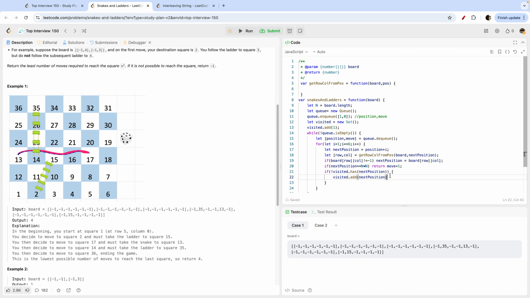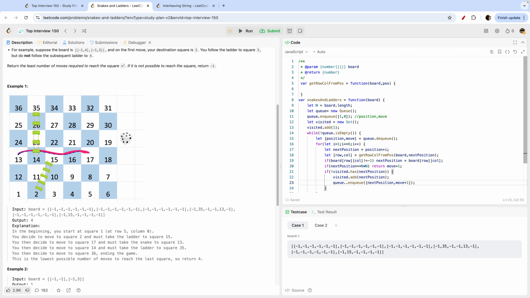Okay, and we need to push into the queue as well, so q.enq the next position and move plus 1. Okay, so this is done.